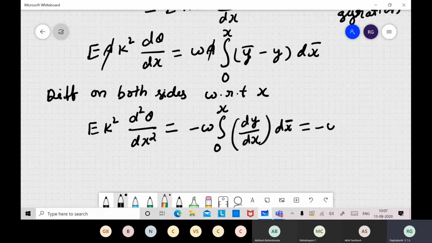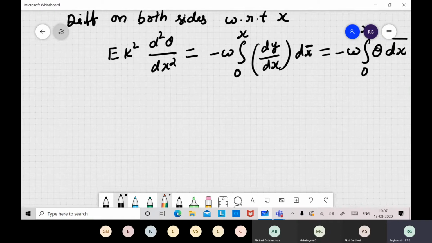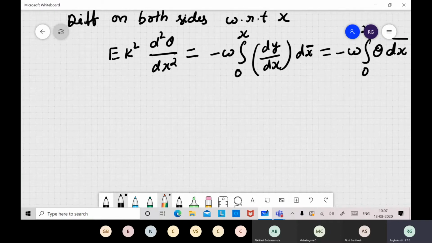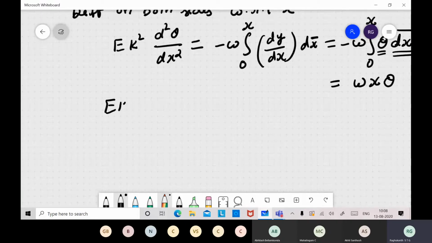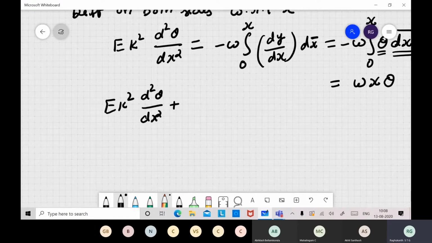So minus ω. We can also write this expression with dy/dx as the slope. This integral is with respect to x bar, whereas θ is nothing but dy/dx. Since it is a constant, the θ comes out, so you can write this as w x θ. So finally our equation becomes E k² d²θ/dx² plus w x θ is equal to 0.